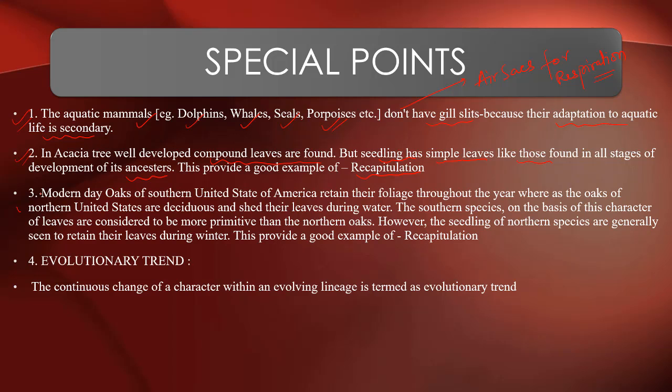Modern day oaks of southern United States of America retain their foliage throughout the year, whereas the oaks of northern United States are deciduous and shed their leaves during winter. Okay, the presence or location of oaks in two different regions of America basically gives different patterns and types of leaves, like foliage and deciduous.